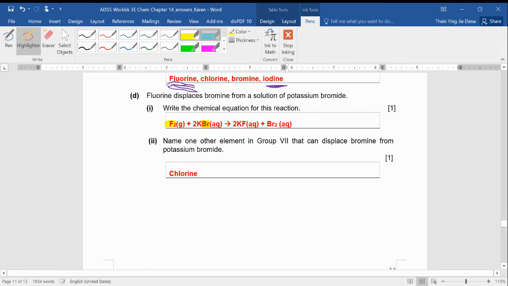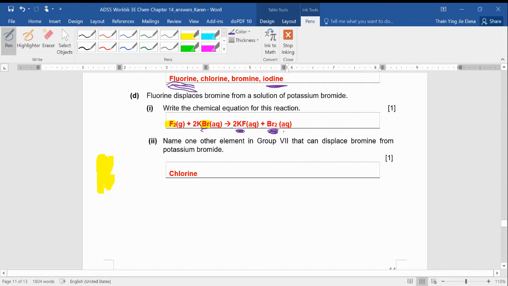Okay, anyway, so fluorine will kick out bromide here. Right, that's why I will end up getting potassium fluoride instead of potassium bromide. Then now I kick out bromine, so I'll kick out the bromide from here, so I'll get bromine gas. So you just need to make sure the equation is balanced.